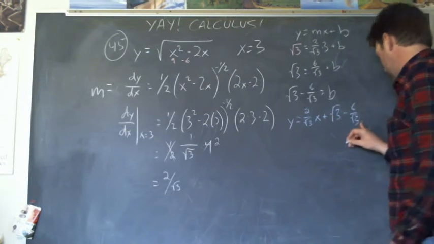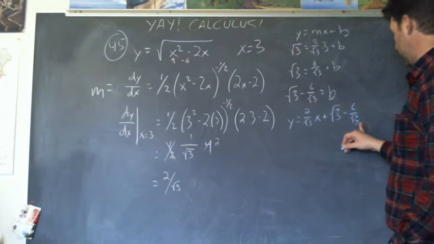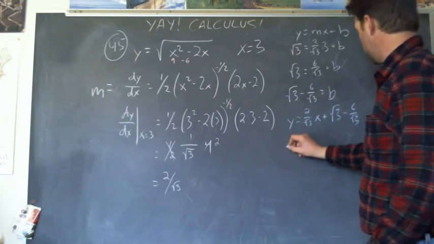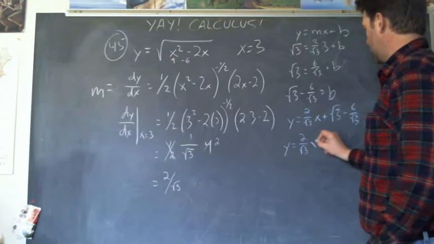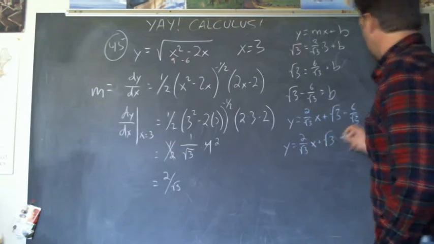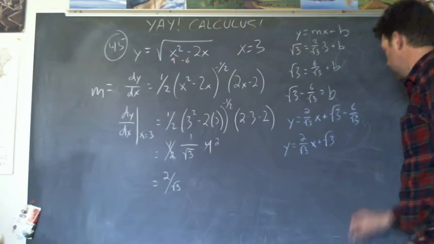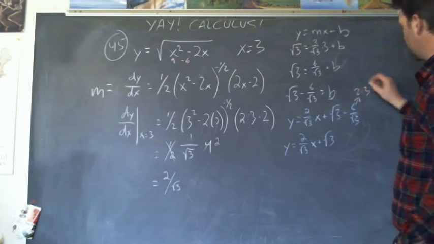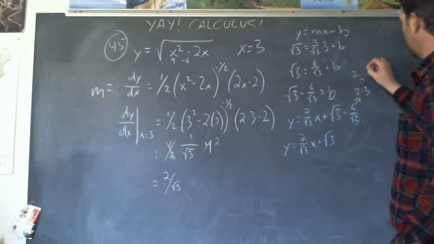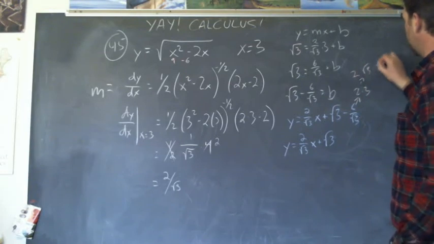Actually, 6 over radical 3, I can reduce, can't it? 6 is 2 times 3, and 3 is radical 3 times radical 3.